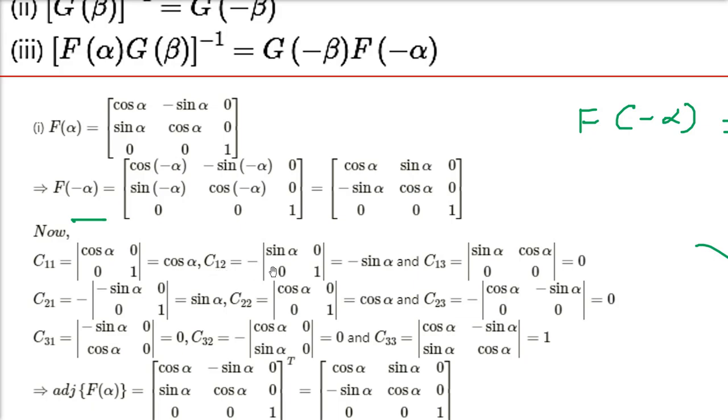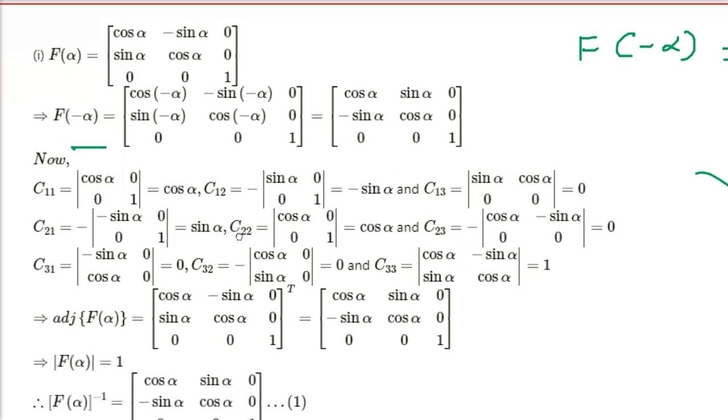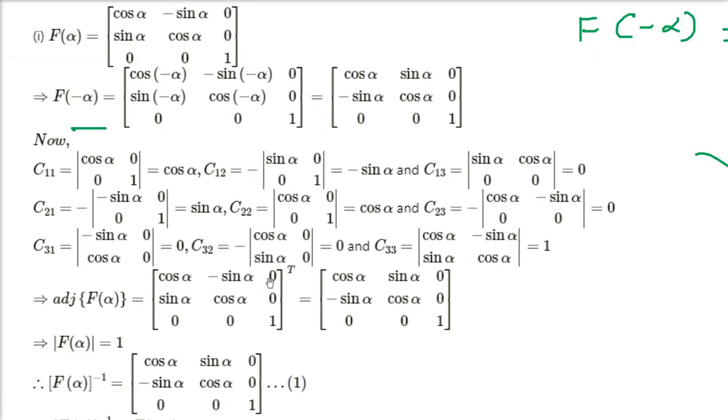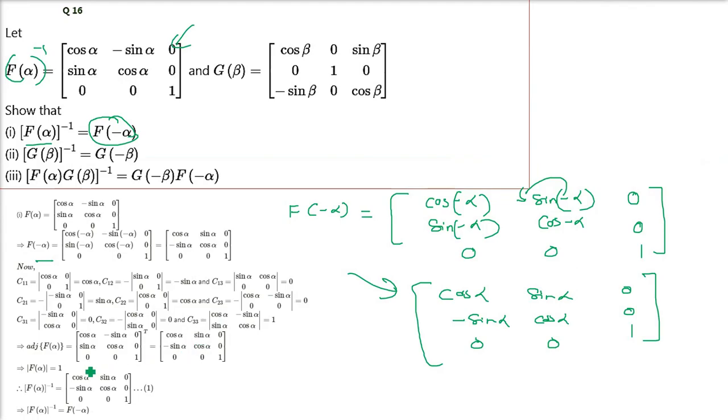All these C11 till C33 need cofactors, and a cofactor will always have a sign, and that sign will be minus 1 to the power of i plus j. So all these values you have to put here, and then take the transpose of this. Once you take the transpose, that is going to be divided by the determinant.